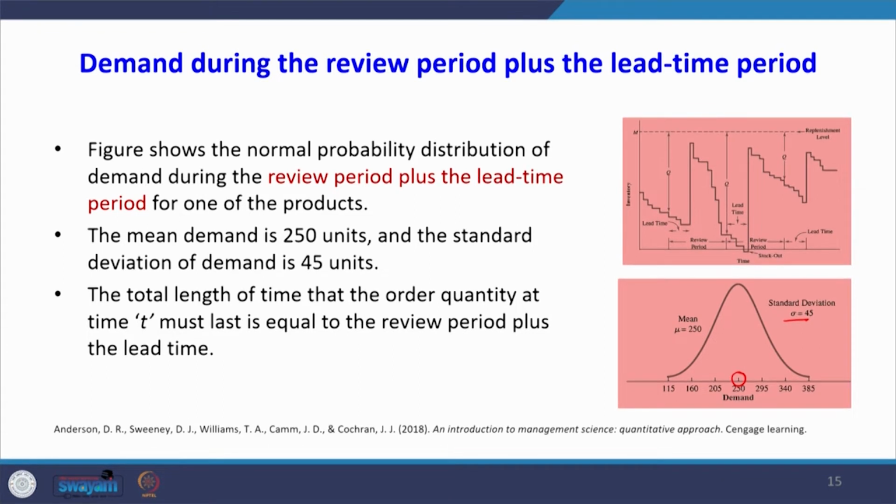That is the difference between the problem we discussed in the previous lecture and this lecture. So, the mean demand is 250 units and the standard deviation of the demand is 45 units. The total length of time that the order quantity at time t must last is equal to the review period plus the lead time period.